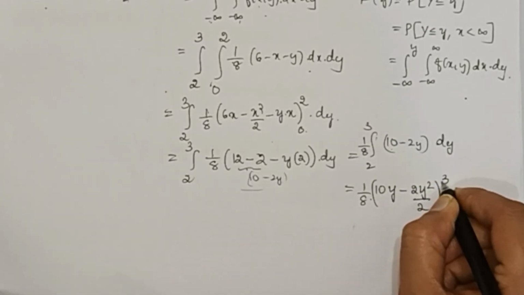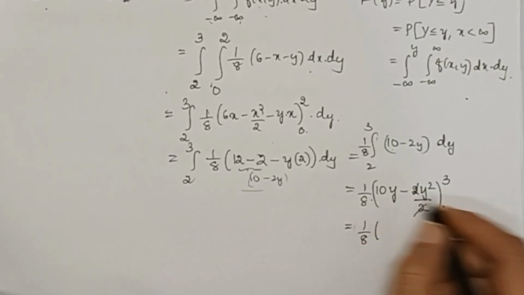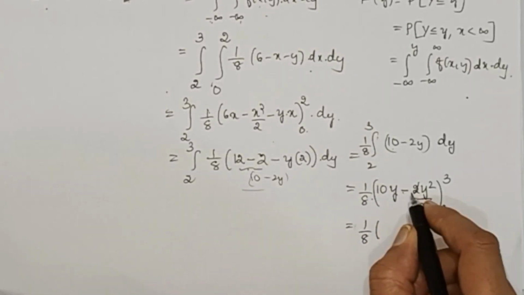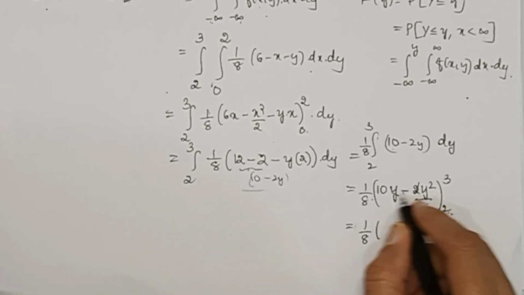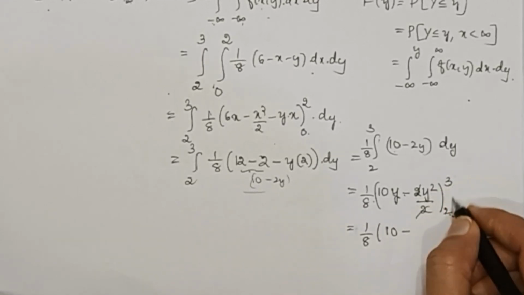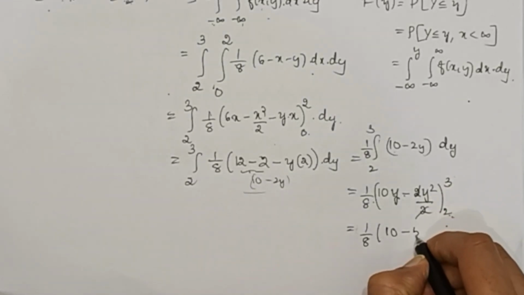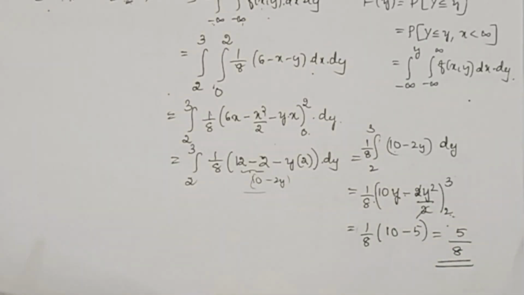The integral is from 2 to 3. The 2 cancels. 1 by 8 into 10 into upper limit 3 minus 2. Wherever you have y, upper limit is 3, lower limit is 2. 3 minus 2 is 1. 10 minus, here 3 square, 9, minus 2 square, 4. 9 minus 4 is 5. So you will get the answer as 5 by 8.